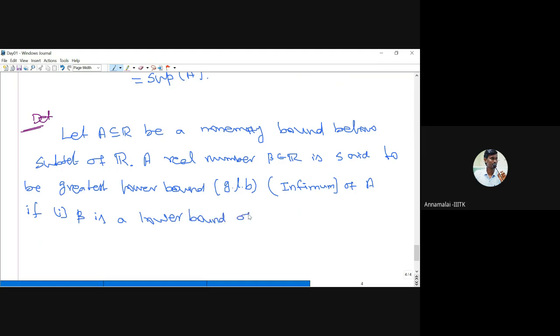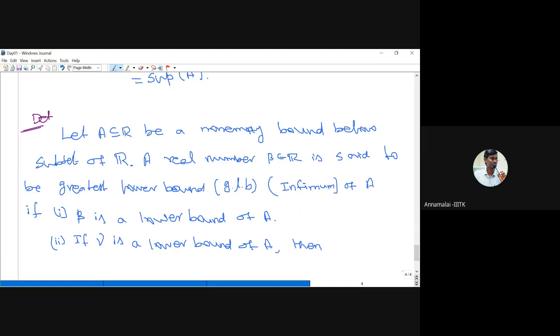So, lower bound of the set A. And if you take some other lower bound, suppose I am taking gamma, if some gamma is a lower bound of A, then what is the relation between this gamma and beta?